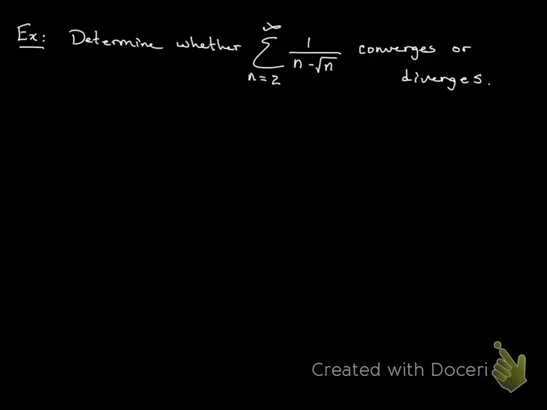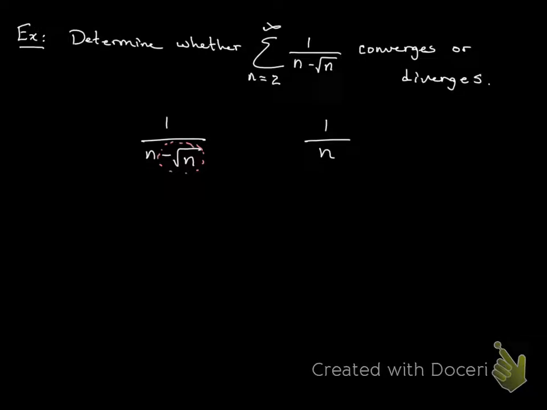Let's try what happens when I take away the square root of n. I compare to 1 over n, the harmonic series here. By removing this minus square root of n piece, I've made the denominator larger, right?